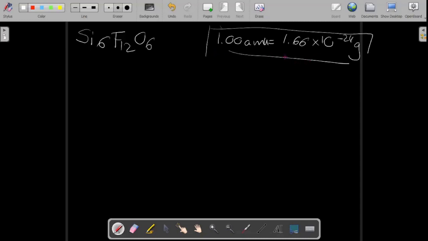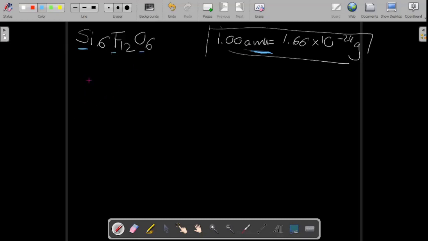To be able to find the mass in grams for this molecule, I need to first find the mass in atomic mass units for this molecule. So I need to use my table and start adding all the masses for each one of these atoms. Let's see.